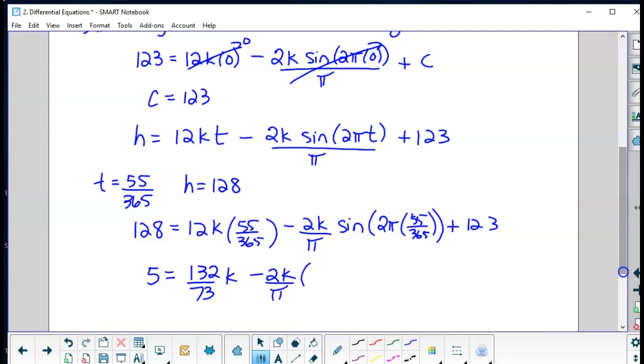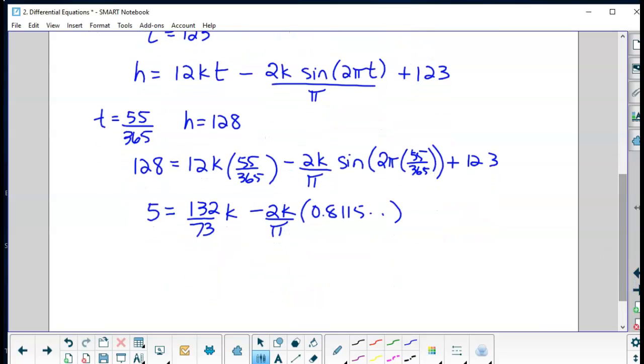And then decimal form, okay, radian mode, sine of 2 pi times 55 over 365 days in a year is 0.8115, etc. And then you can use your calculator.